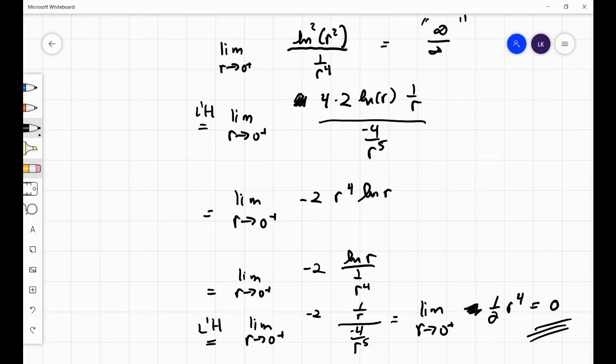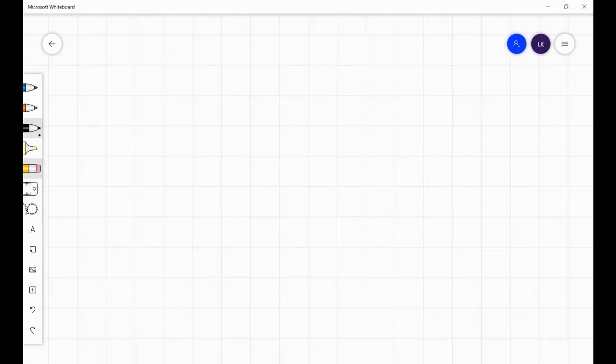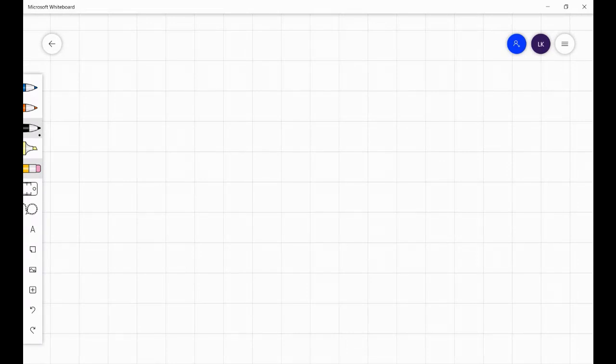I know Dr. M, in the limit problems, wanted to warn you about something when you're using polar coordinates, so I'll show you what that is. Let me just clear everything out. When trying to prove a limit using polar coordinates, there's a danger. So what has to be true?